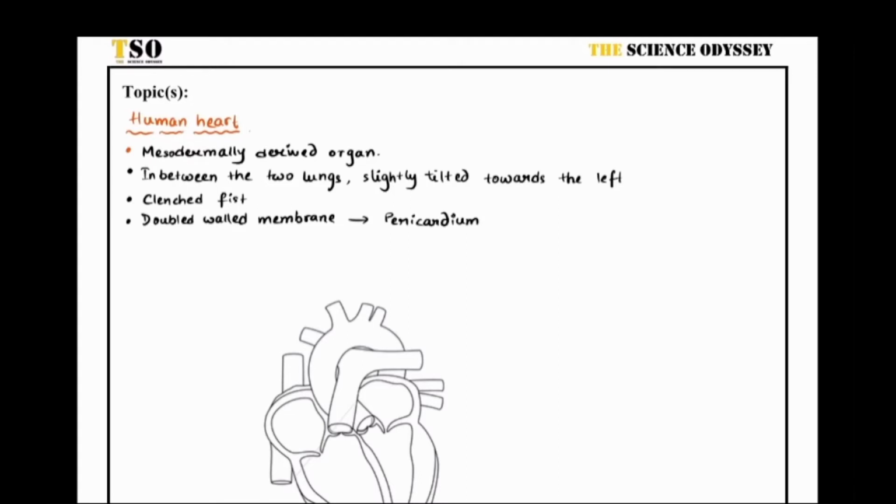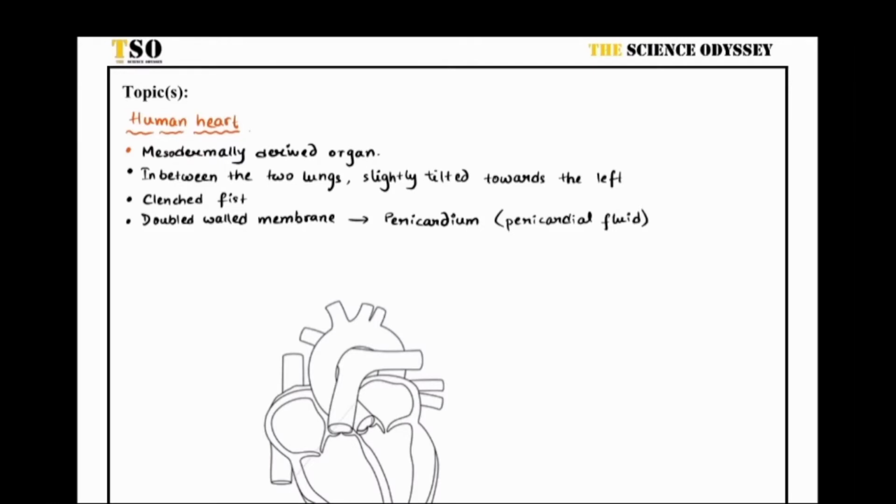To protect the heart, the pericardium has something called the pericardial fluid. This fluid prevents the heart from getting damaged by preventing friction with the other organs that are nearby, and especially the lungs.